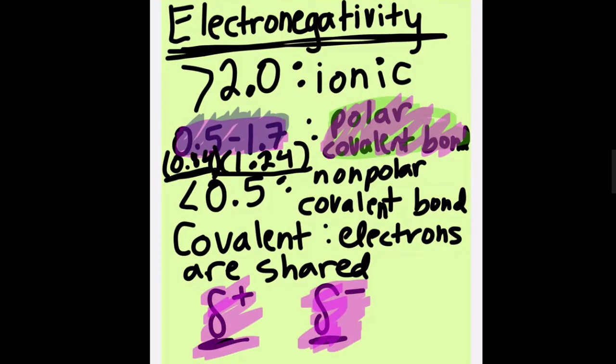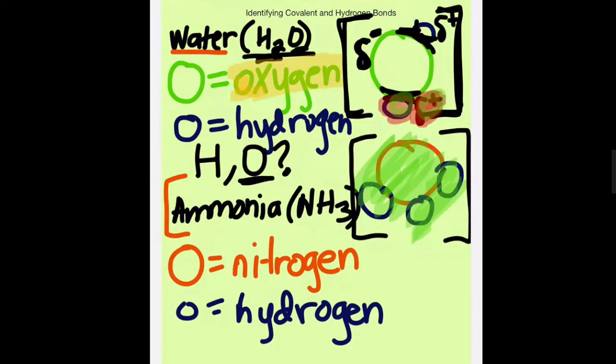The partial negative charge on a nitrogen is pulling the electrons away from these hydrogens and giving the hydrogen atoms a positive charge. So because we know that nitrogen has a higher electronegativity than hydrogen, we know that nitrogen is going to be the one with the partial negative charge, and the three hydrogens are going to have a partial positive charge.